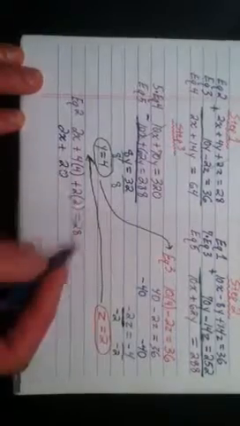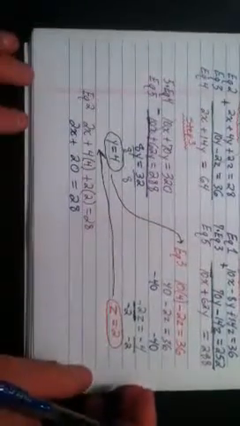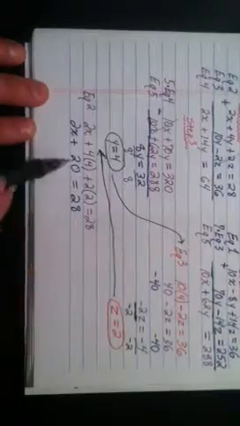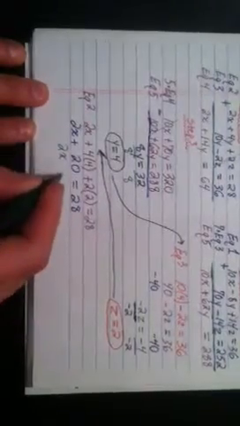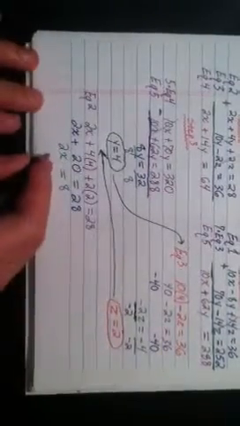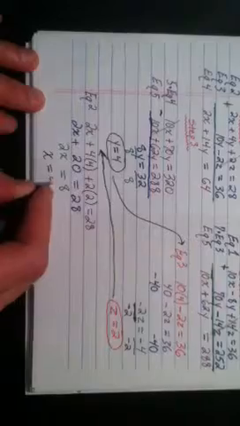We have 4 times 4 is 16. The 2 times 2 will give us 4. So we can go ahead and combine those. 2x plus 16 plus 4 is going to give us 20 equals 28. Subtracting 20 from both sides would leave us with 2x equals 8. And then dividing each side by 2 is going to give us x equals 4.